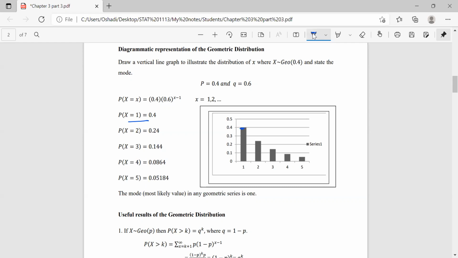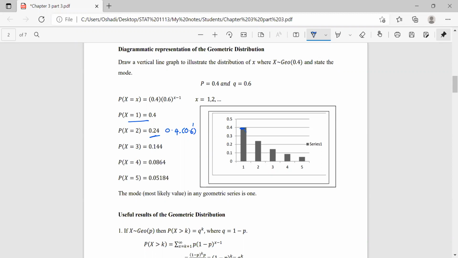And when X equals 2, it becomes 0.4 into 0.6 to the power 2 minus 1, which is 1, so it becomes 0.24. Likewise, we can calculate the probabilities of where the first success occurs, right?